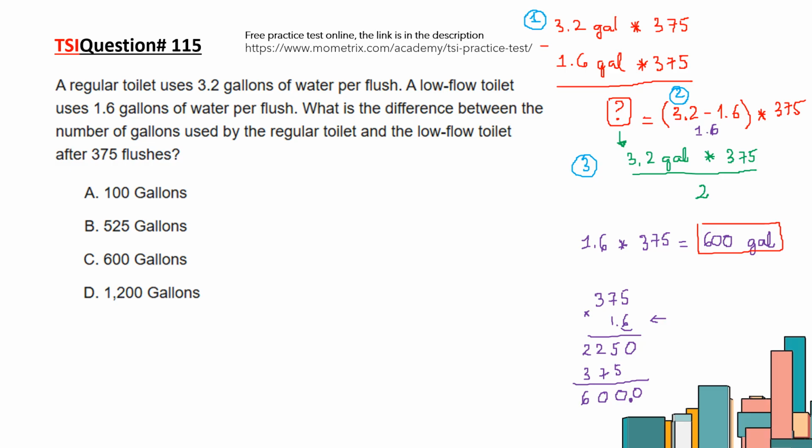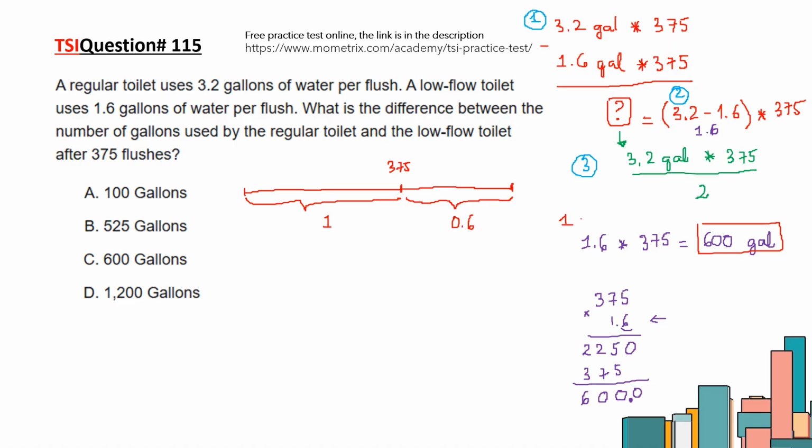Now how about if we're lazy to calculate? So we need to kind of make an estimate. Here you have 375. Here is the one part, and here is the 0.6 part, because you have 0.6.